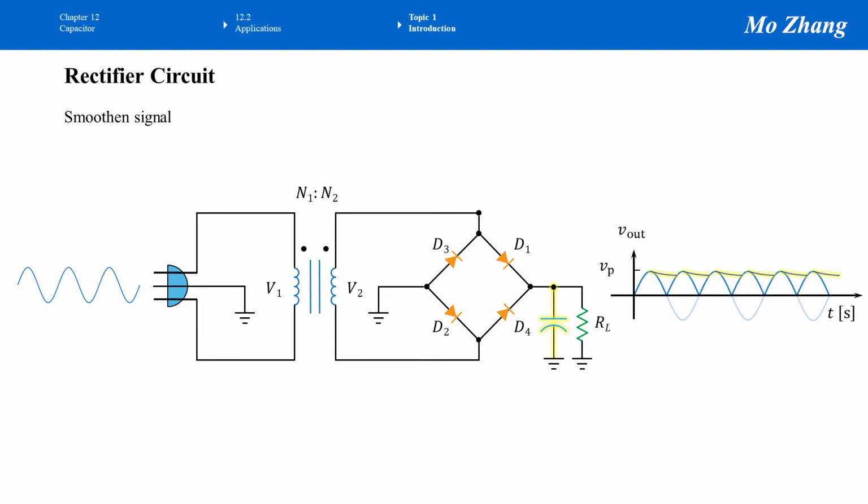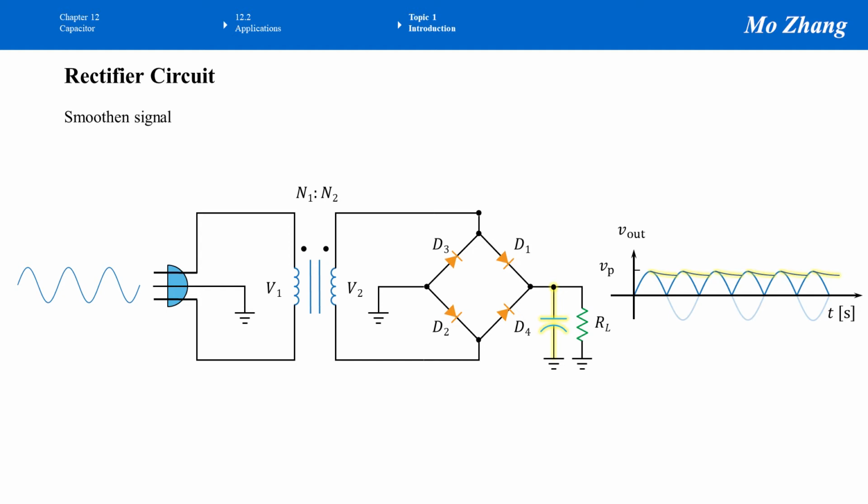This is how it works, because capacitors can store charges. When the voltage reaches the peak, and then it starts to discharge, it only discharges a little bit and then the signal goes up. It starts to charge, but it only can charge to a certain limit, which is the second peak, and discharge again, charge, discharge.